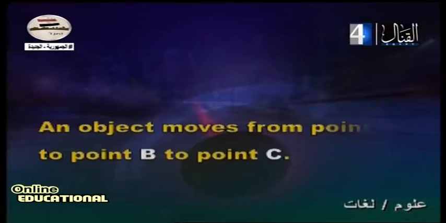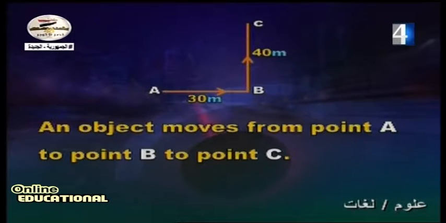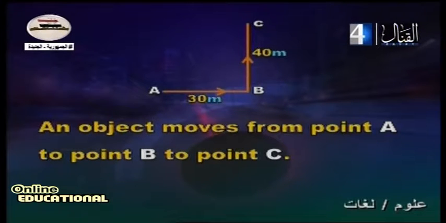Another question: an object moves from point A to point B, then passes to point C as in the figure. For this problem we can use a mathematical relation to answer.